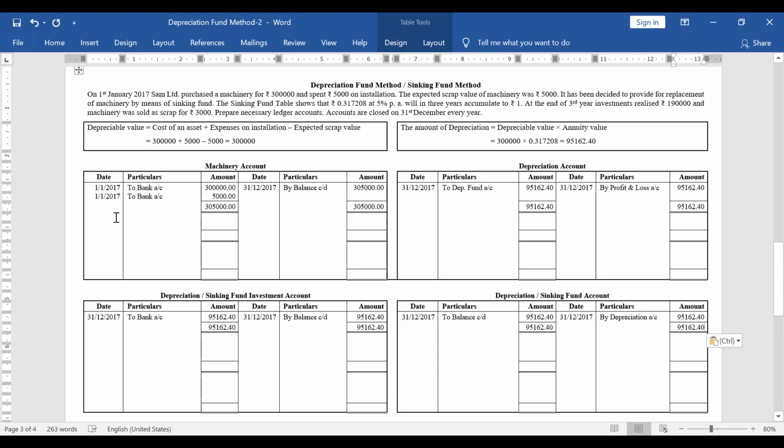Now coming to the next year, when accounts are opened on 1st January 2018, machinery account shows a debit balance of rupees 3,05,000.